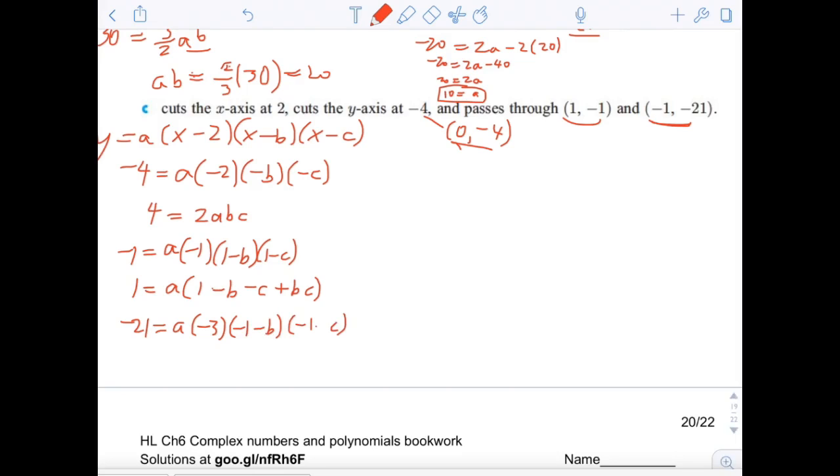And then let's factor out the negatives, and we'll have 21 equals 3 times 1 plus b times 1 plus c times a. Okay. And so we can simplify this. We have 21 equals 3a times 1 plus b plus c plus bc.